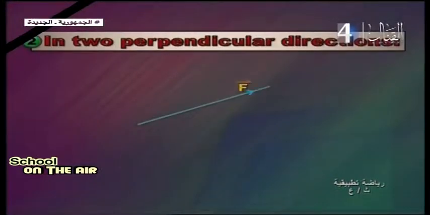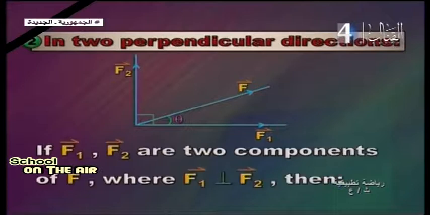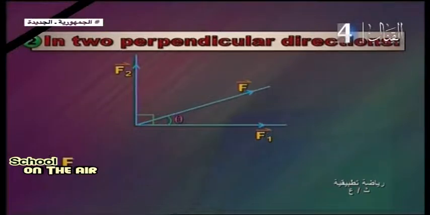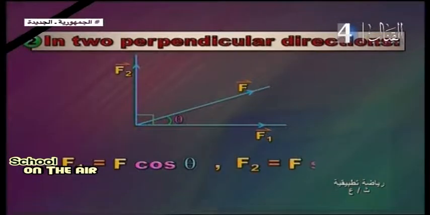Number 2: in two perpendicular directions, F1 is perpendicular to F2 and theta is the angle between F and F1. Therefore, we deduce that F1 equals F cosine theta, but F2 equals F sine theta.